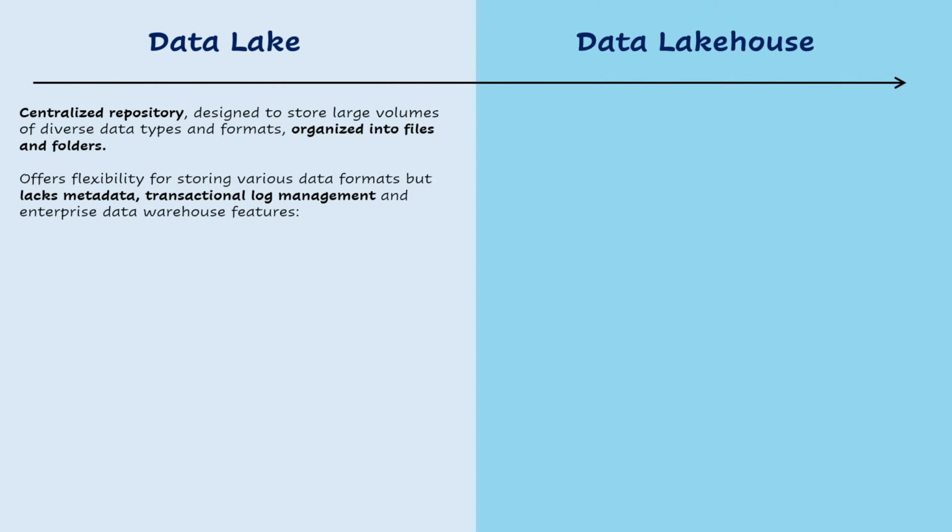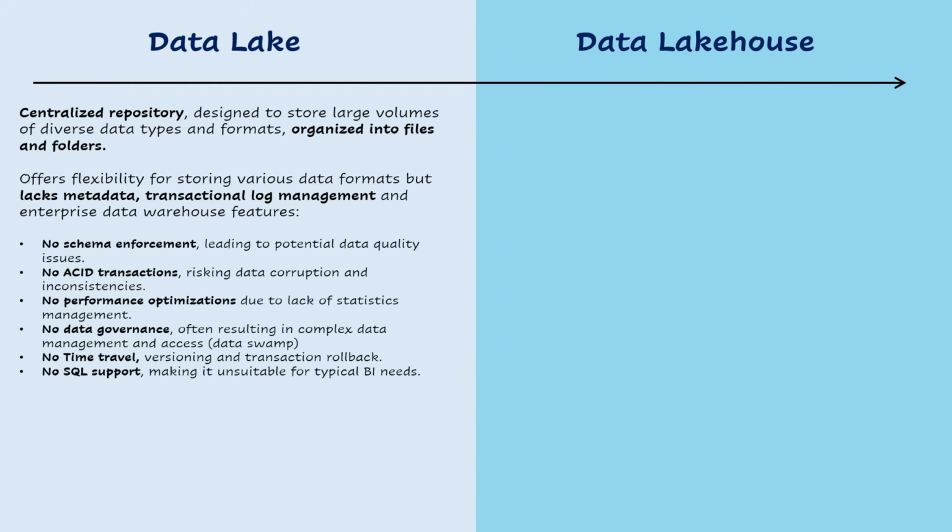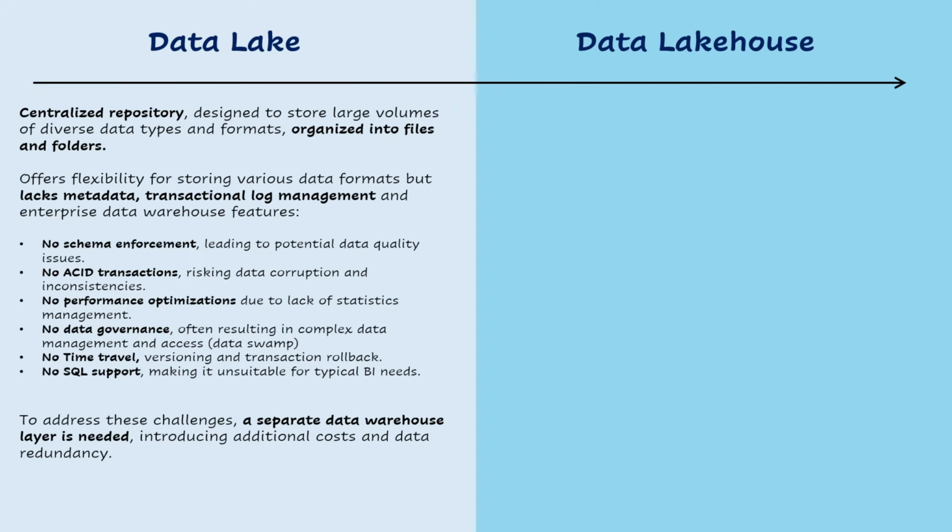As a result, it doesn't support key enterprise data warehouse features such as schema enforcement, ACID transactions, performance optimizations, data governance, time travel, and SQL support. To address these challenges, a separate data warehouse layer is often required, which introduces additional costs and data redundancy.